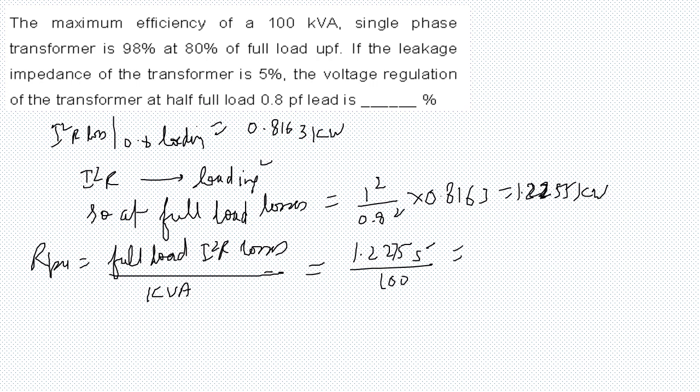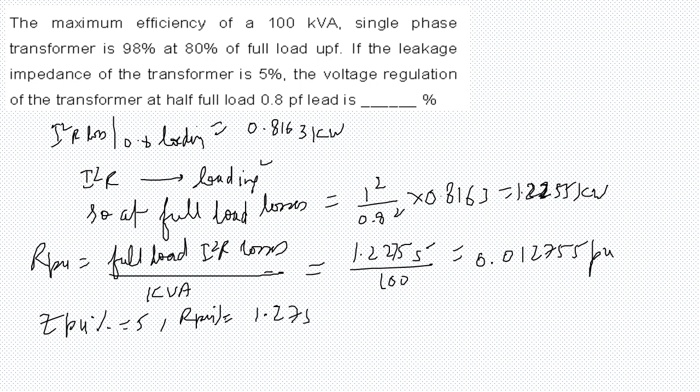Now if you calculate this, it comes out to be 0.012755 per unit. Now you have your R per unit and you have your Z per unit, which as a percentage is 5. If you convert R per unit into percentage, it comes out to be 1.2755.